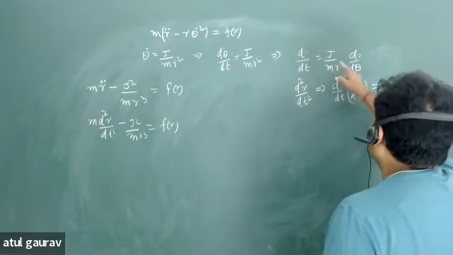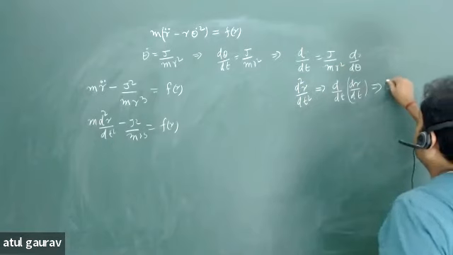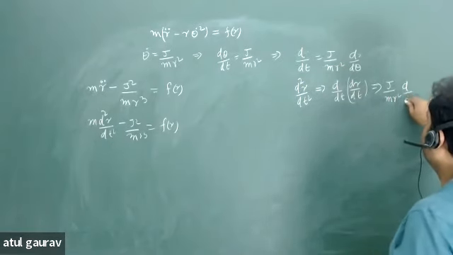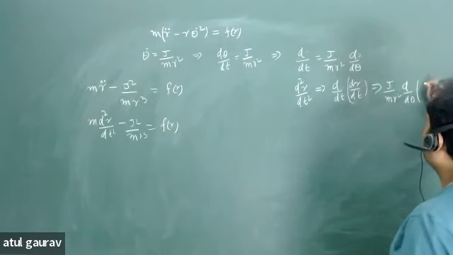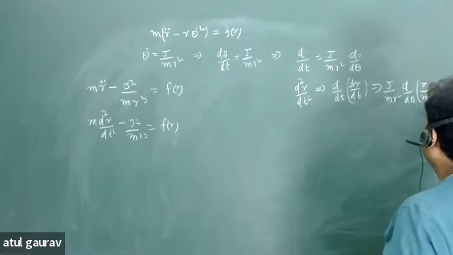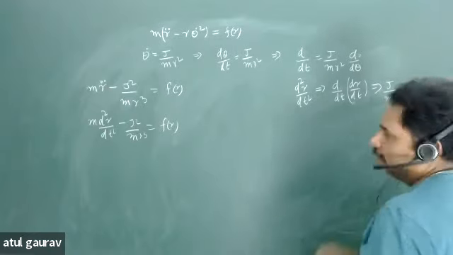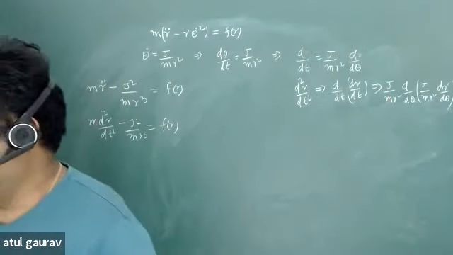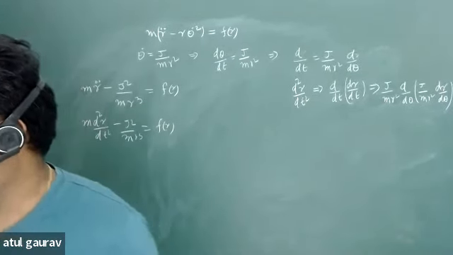First, d upon dt can be written as j upon m r square d upon d theta, and second, dr upon dt can be written as j upon m r square dr upon d theta. Clear है ये? Everyone is comfortable?